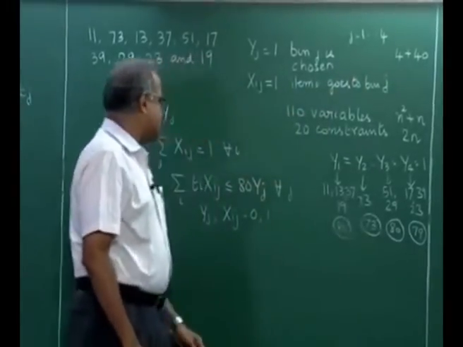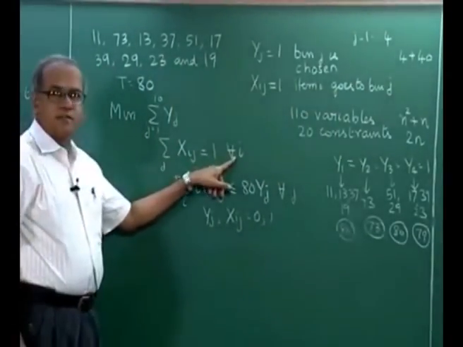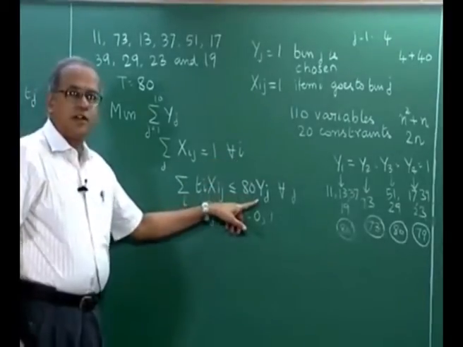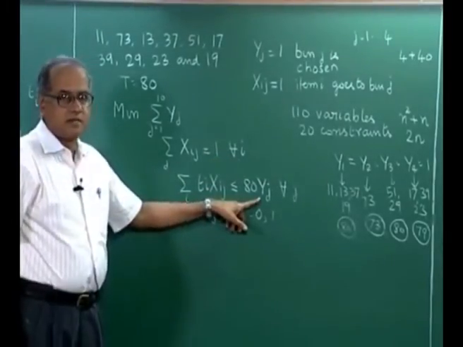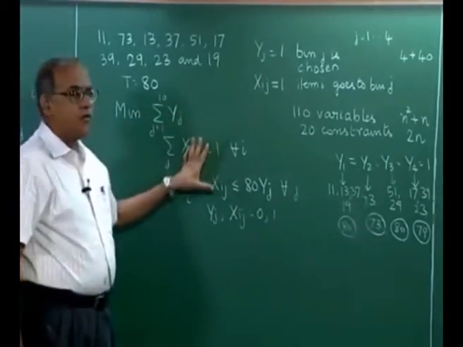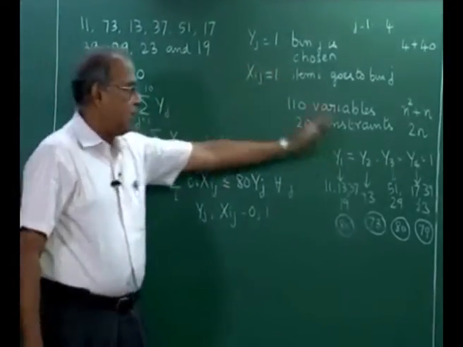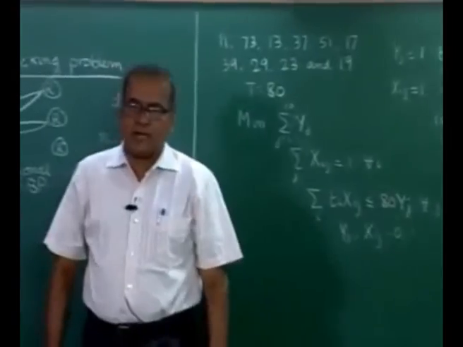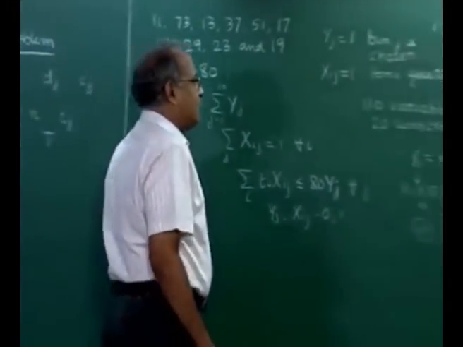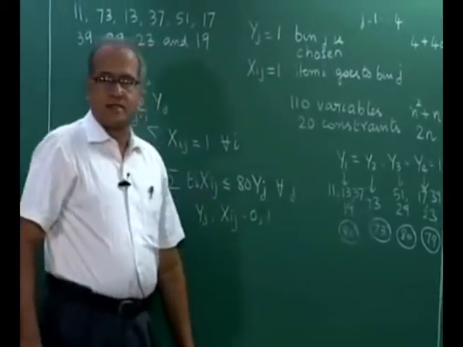In terms of constraints, for every i there are 10 constraints, for every j there are 4 constraints, so there are 44 variables and 14 constraints. Whereas in the old formulation, if we used 10 bins, then we would have 110 variables and 20 constraints.